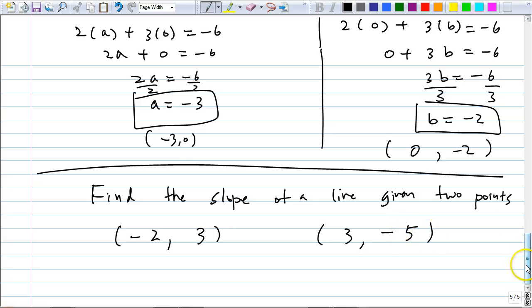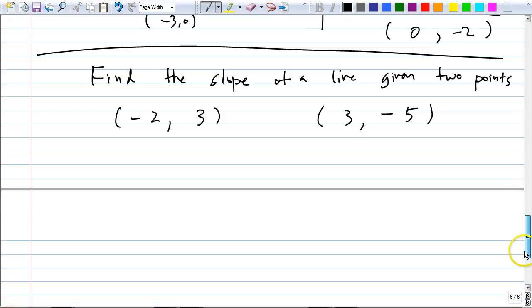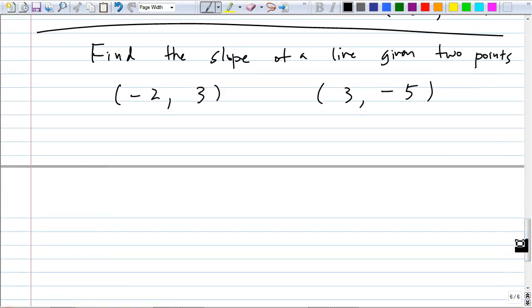So if we're given these 2 points, and these are 2 points of a line, how do we find the slope? We could graph them and figure out the slope, but that would not always be the best way. Remember, slope was rise over run.